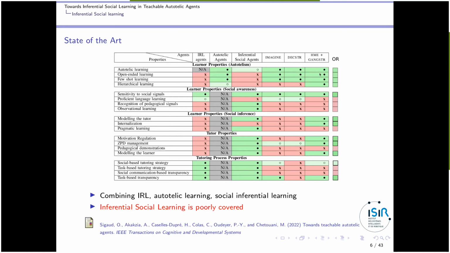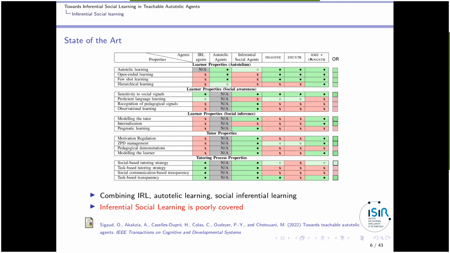And then with colleagues, most of them are in the room at the moment, we wrote a kind of survey paper where we took a list of expected properties from learning agents based on the developmental psychology literature. Then we surveyed different classes of agents and a few of our own agents.